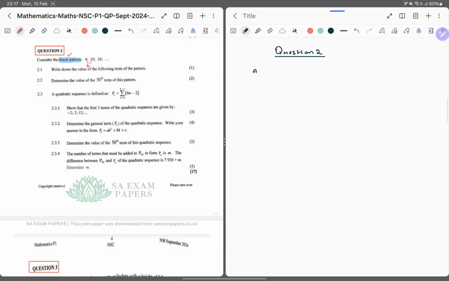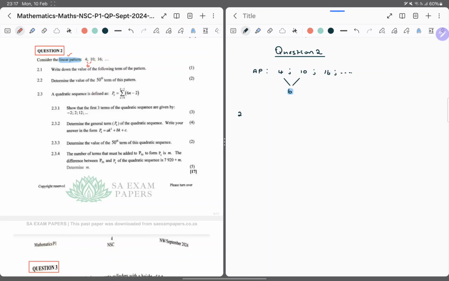So we know that this is an arithmetic progression from 4 to 10 to 16, and it continues like that. And we know that if this is an arithmetic progression, the common difference is going to be 6 throughout. We don't even think about it. So this, we know, it's fixed.